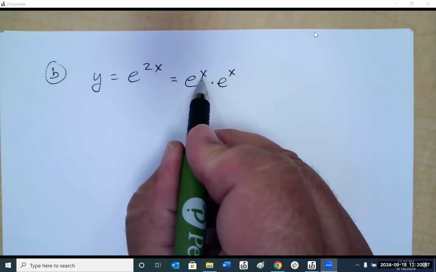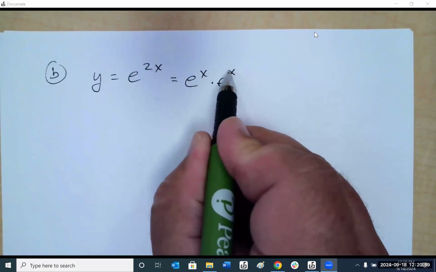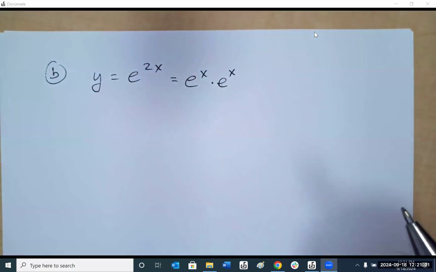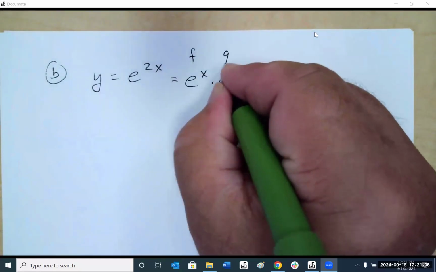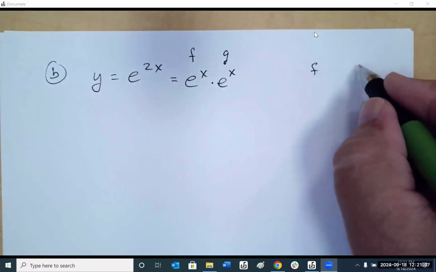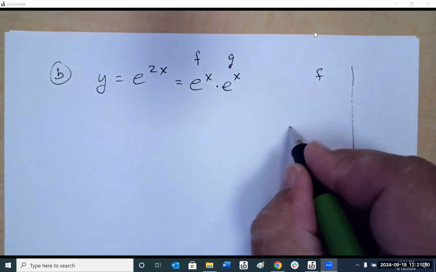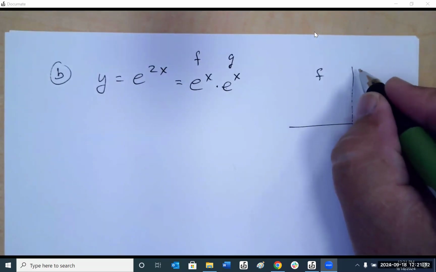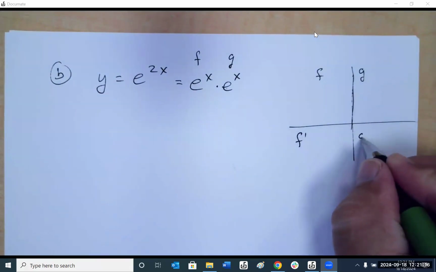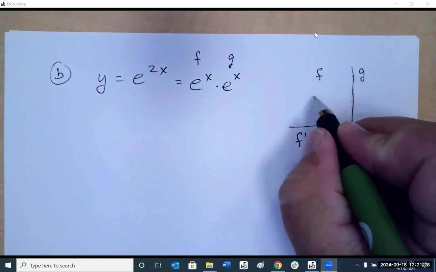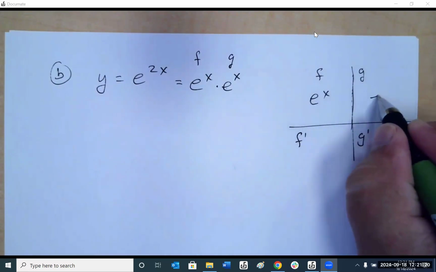Because if you think about it, when we have the same base, we add the exponents, x plus x is 2x. So this is f and this is g.